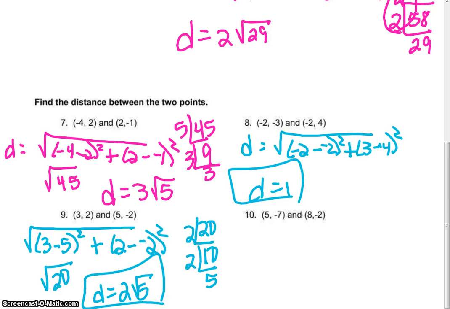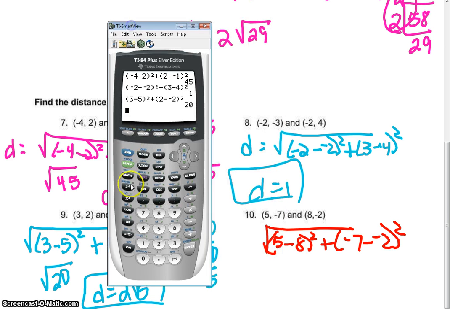So for the last one, we're going to have the square root of parentheses 5 minus 8 squared plus open negative 7 minus negative 2 squared. Go to your calculator, and you're going to say open 5 minus 8, close squared, plus open negative 7 minus negative 2, close squared, enter, and you get 34.